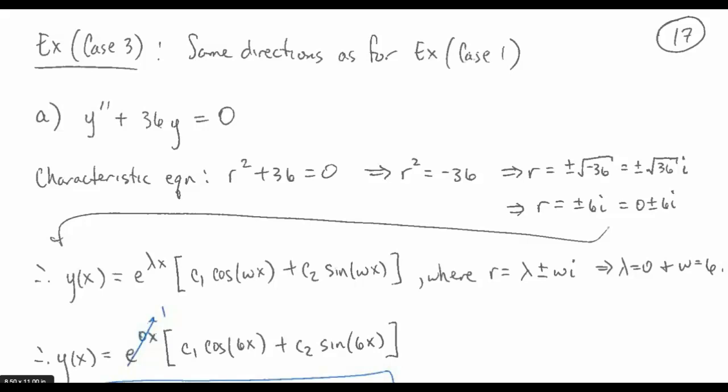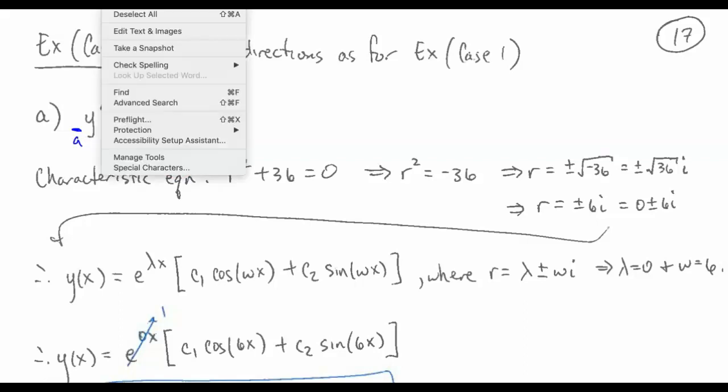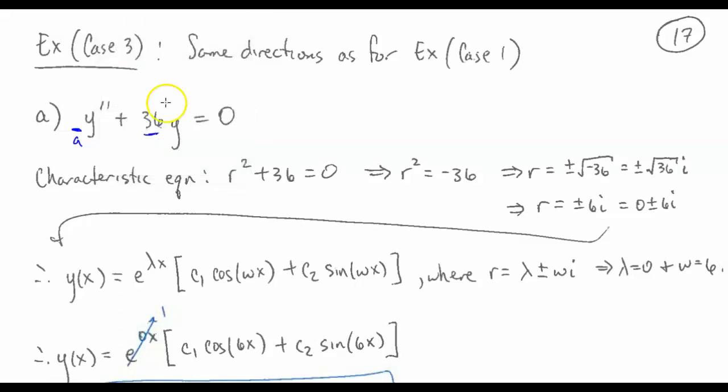Okay, so we can see from here that this is a second order linear ODE again. This is where A is. This is where B is. And this is where C is.